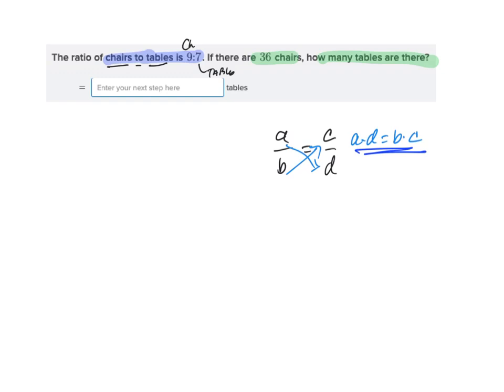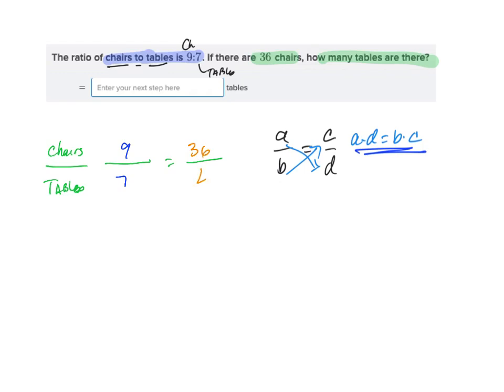So they give us 9 to 7. We're going to keep track of everything, keep everything that's on top. So we have chairs over tables. They gave us these original ratios, right? So original was 9 chairs to 7 tables. And then they give us that we're going to have 36 chairs.